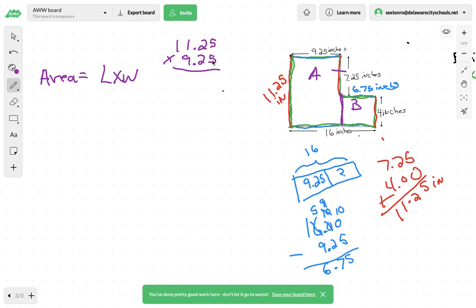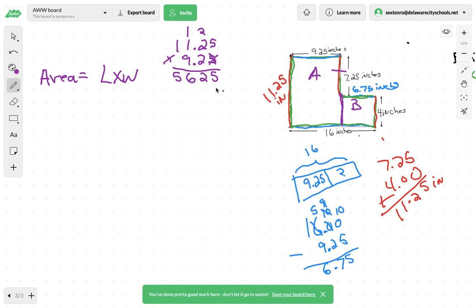So I'm going to start with this 5. 1125 times this 5. 5 times 5 is 25. 5 times 2 is 10, plus 2 is 12. 5 times 1 is 5, plus 1 is 6. I've not put in a decimal there. I do not know where the decimal goes, right? 5 times 1 is 5. So 5625 are the digits you get if you take a 1125 times 5. And we're done with that.